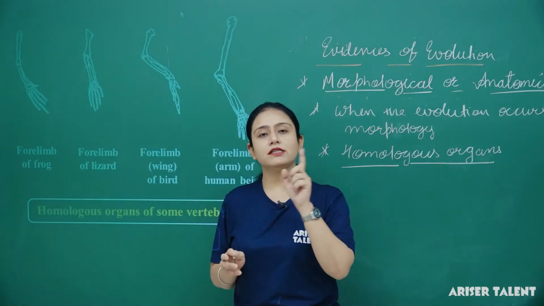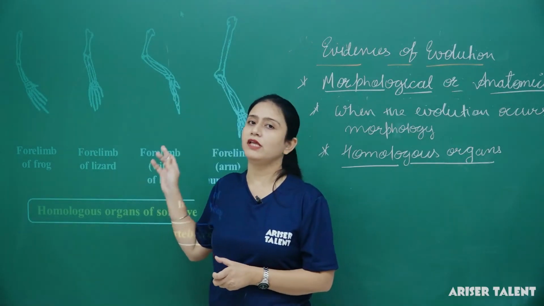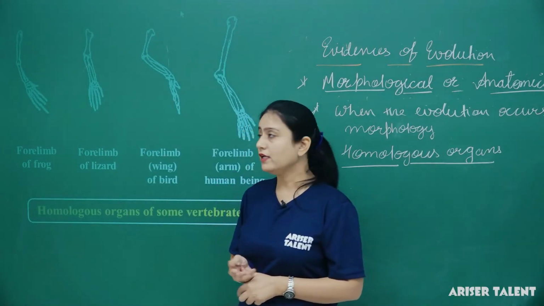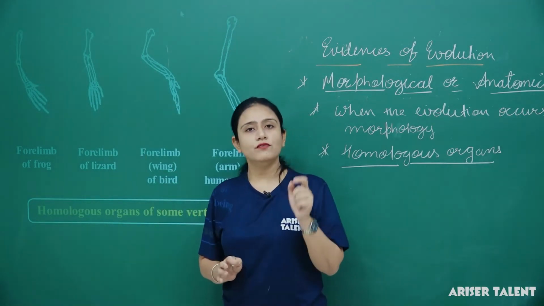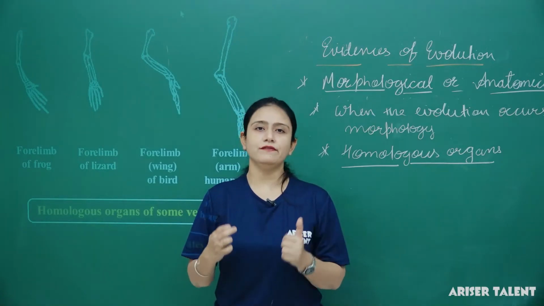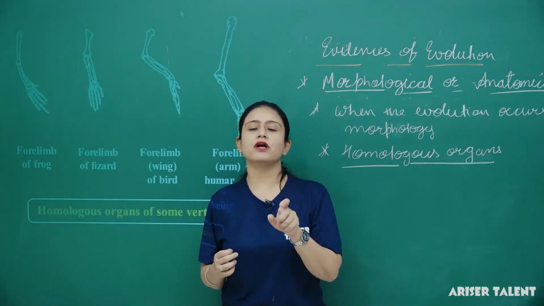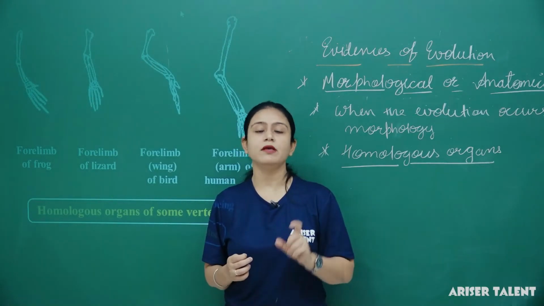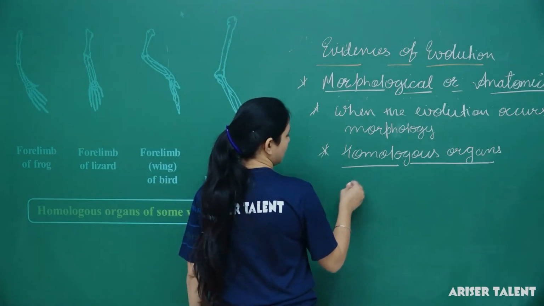Fine. So this proves that their ancestors were the same. They have developed from the same ancestors. Thus we can say that homologous organs are the organs which appear different and perform different functions, but their basic structure, their origin, is the same.